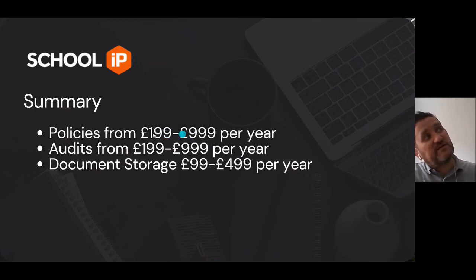So again, there's a sliding scale between these two prices based on your number of pupils on roll. So policies and audits are priced accordingly and equally in their price there. The document storage is slightly less in terms of £99 or up to £499 for that centralized document storage facility.